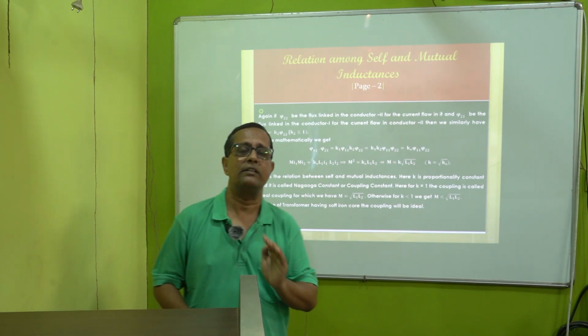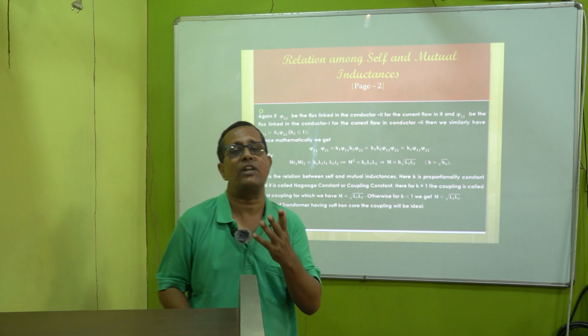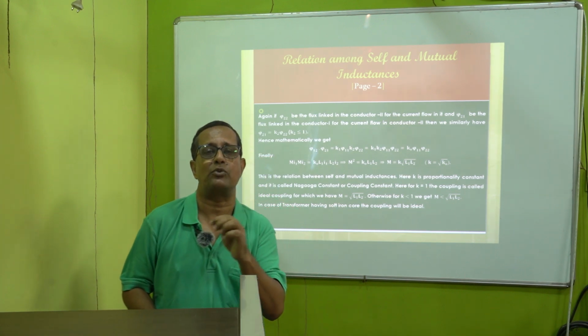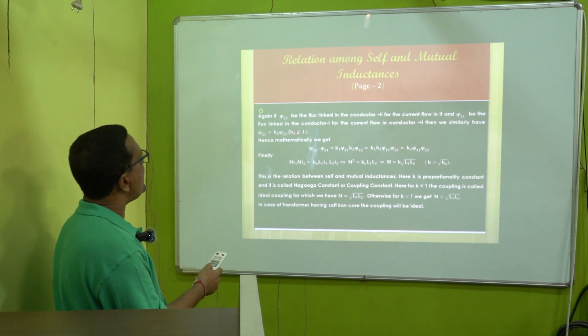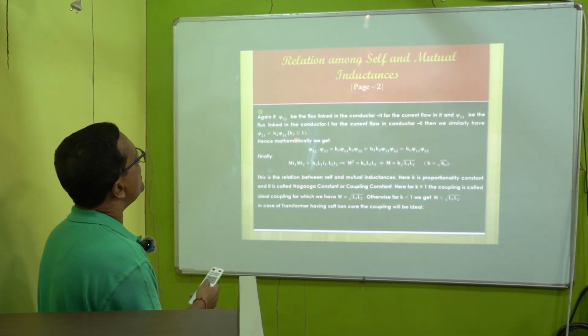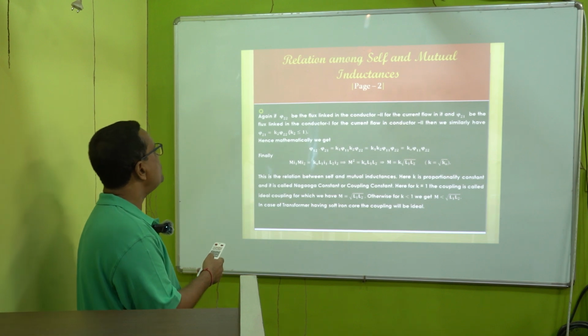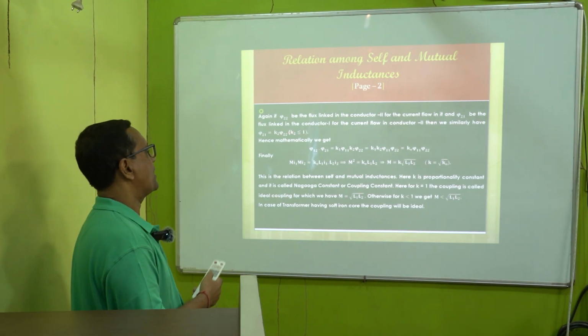For ideal coupling, phi 21 is equal to phi 22, but in general phi 21 is less than phi 22. So we relate them in a similar fashion using the constant K2, where K2 is less than or equal to 1. That is, phi 21 is equal to K2 phi 22.